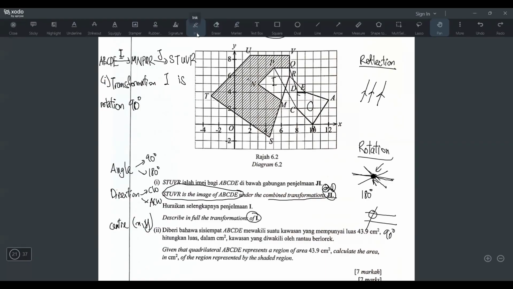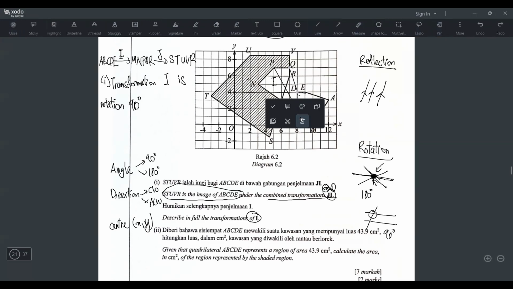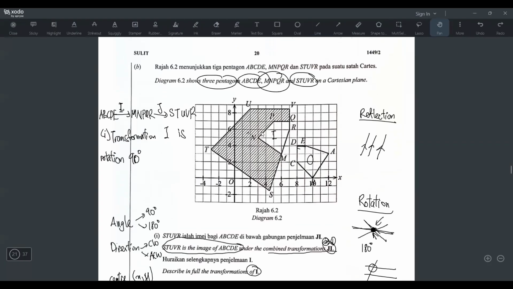But since I'm using a laptop now, I can't show you using the compass, right? So I will use another method, and this method I just learned recently from another teacher. His name is Liang Jie.